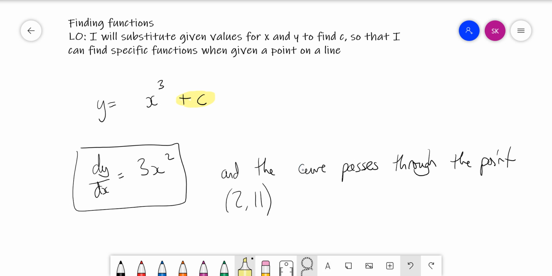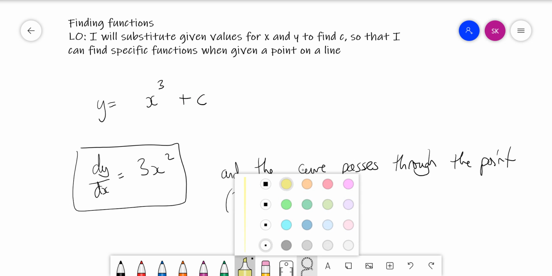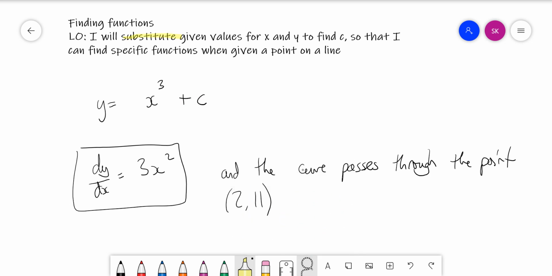Well, hopefully you've read the learning objective. We're going to substitute given values for x and y. In other words, we're going to substitute in this case 2 and 11 because they're given to us for x and y. So that means instead of y I'm writing 11, instead of x I'm writing 2. And that will enable me to solve to find c.